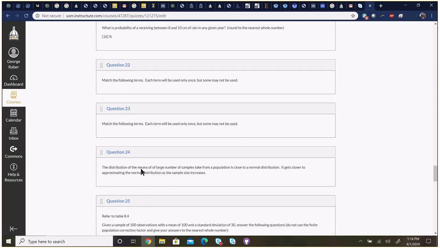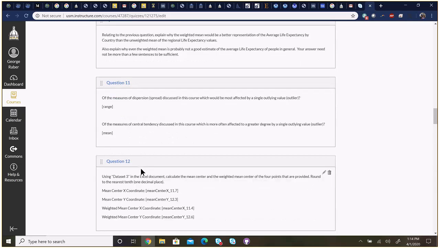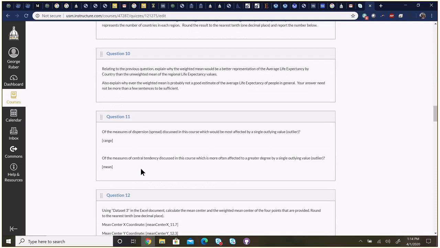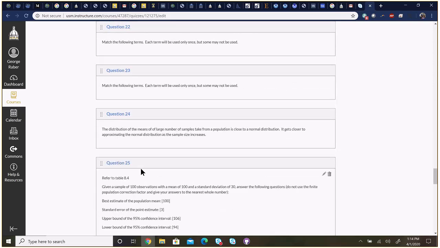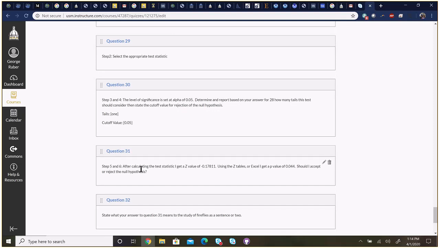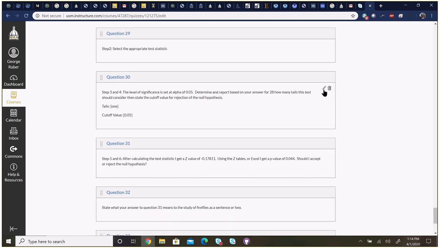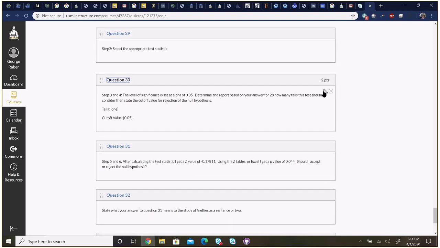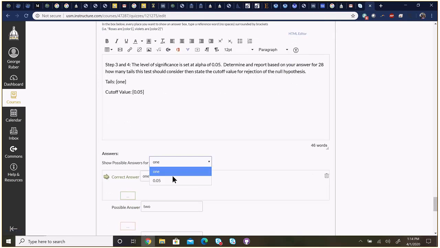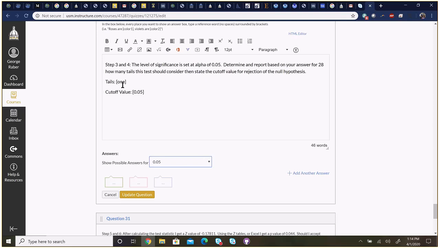Does anybody have, I'm trying to find if there was another, I think there was a question, I think it was question 30. Yes, this is question 30. Question 30B, I guess, I didn't actually include an answer.